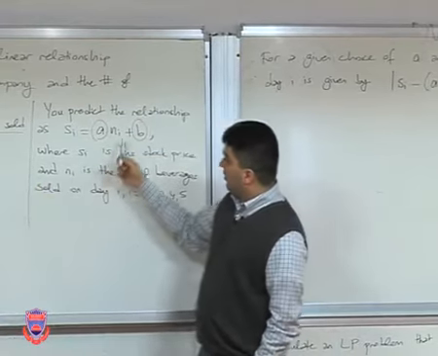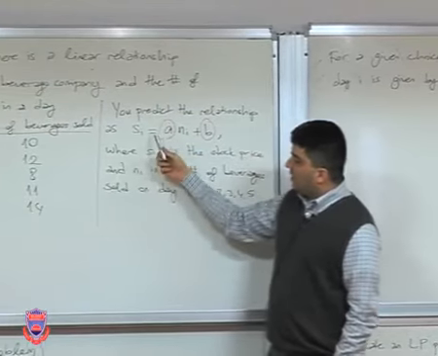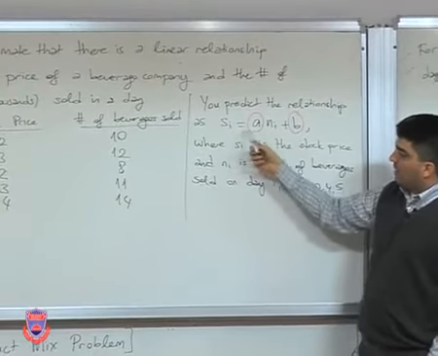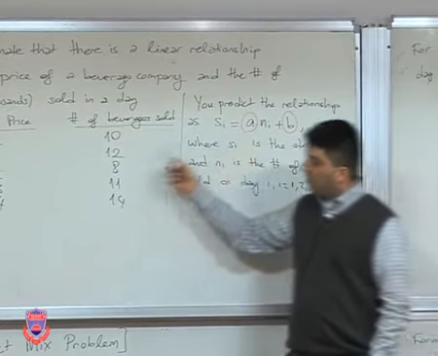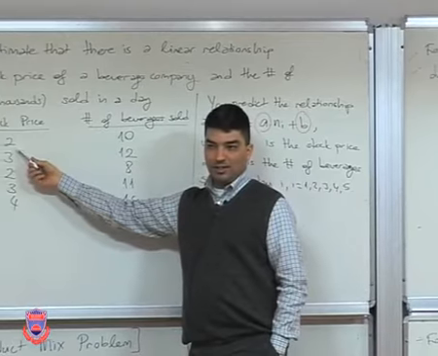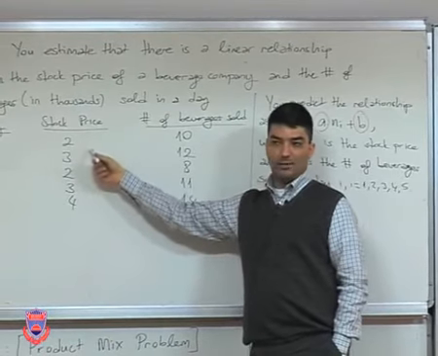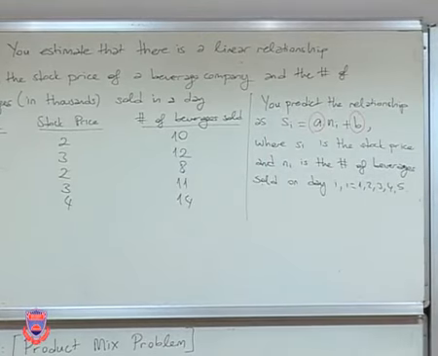For day 1, N1 is equal to 10. If the relationship were true, if S_i were equal to N_i, then S1 would be equal to 10 as well. But the true value of S1 is 2. So I look at the difference between 2 and 10, which is minus 8, and then I take the absolute value. I'm going to call it my estimation error for that day.